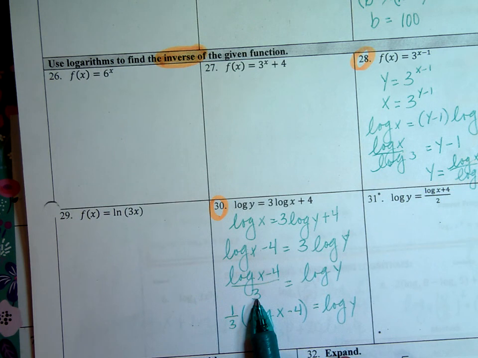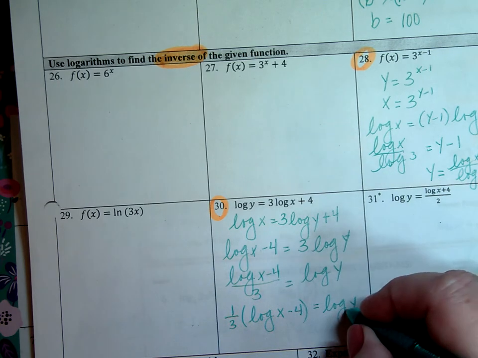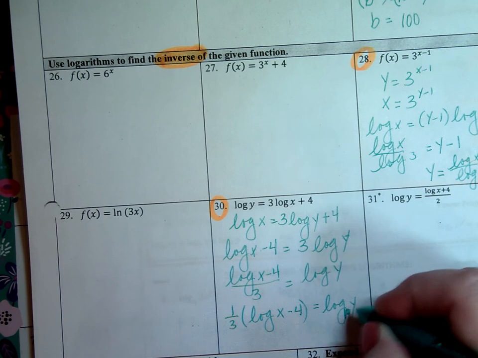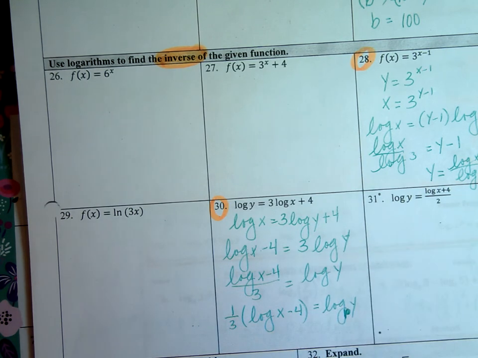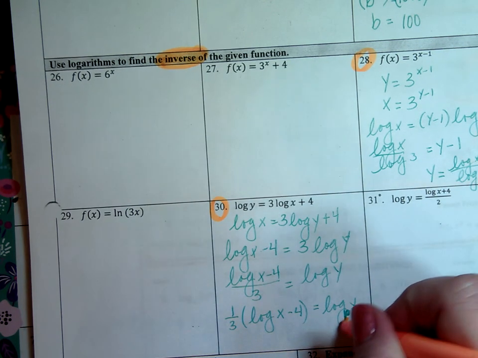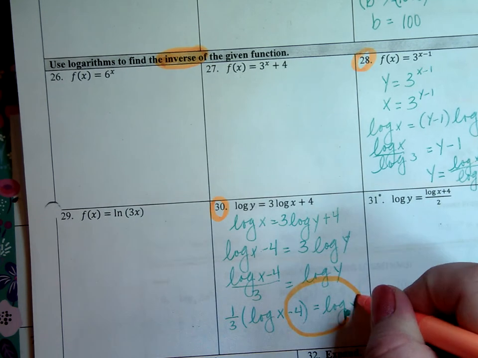And if that's the case, watch this. This is an invisible base of 10 because it's a log. And I can loop this thing and turn it into an exponent. Start with the base. This whole thing's a power. Look at this. Talk about crazy. Here it is.